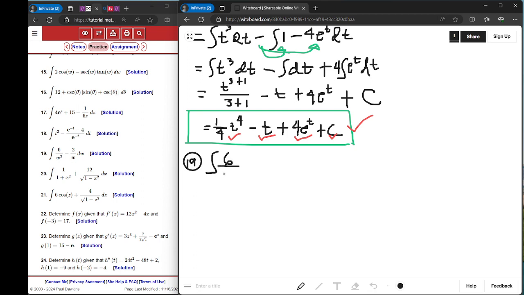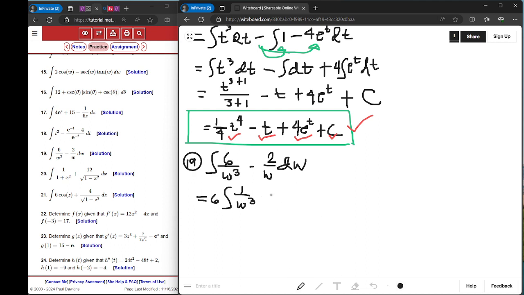So we have the integral of 6 over w cubed minus 2 over w dw. This is equivalent to 6 times the integral of 1 over w cubed minus 2 times the integral of 1 over w.